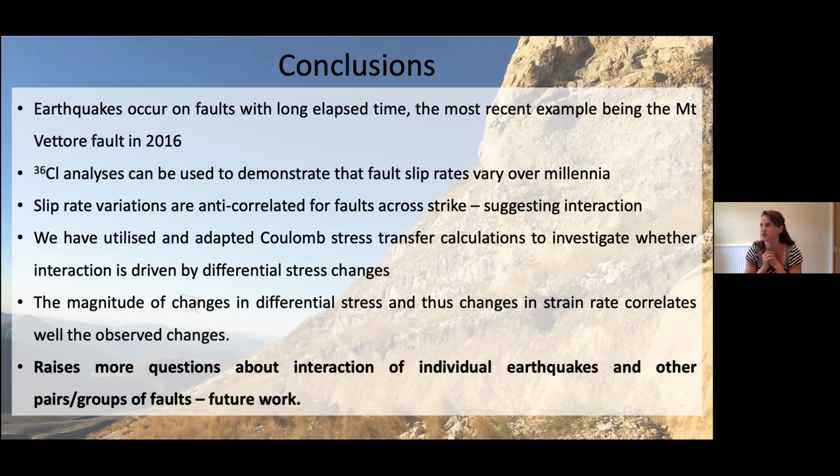In terms of the distances between faults, it would really depend on how fast the faults are slipping, how big the faults are. I mean, 40 kilometers seems to have a really big effect. Some of the other examples we've got are over sort of 80 kilometers. So relatively big distances for Italy, but whether that's big or small for other systems, it depends on the system.